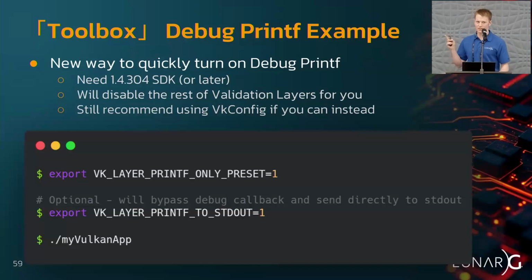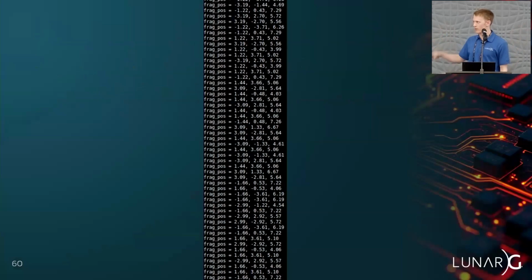So with the last SDK, we've actually added a new preset. It's just a printf only preset. If you turn that on, optionally you can turn on the stdout if you want. You just turn that on with the printf in your shader, and you get the printf messages. There's nothing more to it. So if that doesn't do it for you, please report a bug, because something's wrong. Because it should be that easy to printf your GPU code.